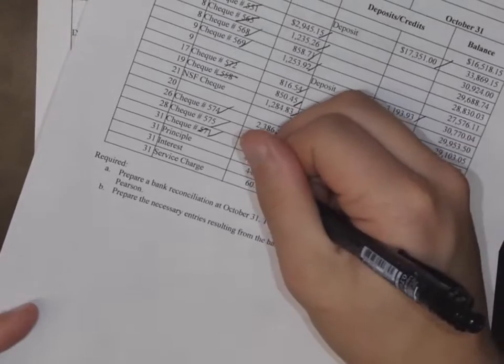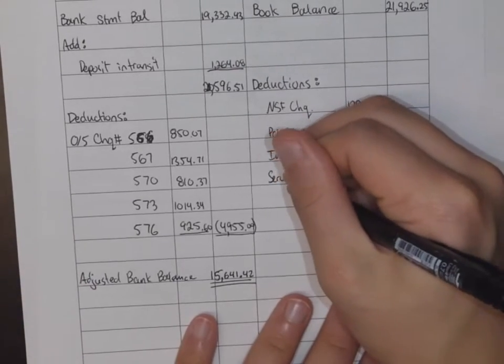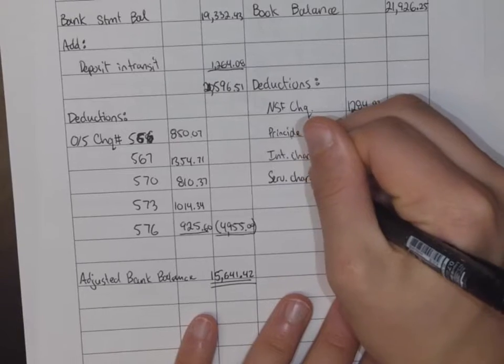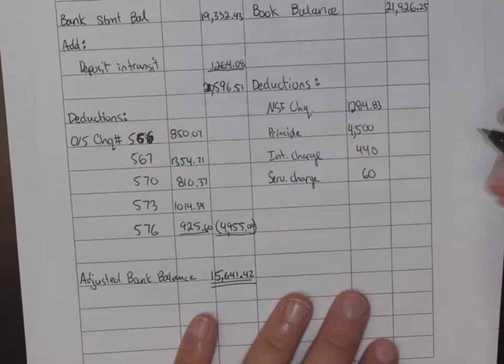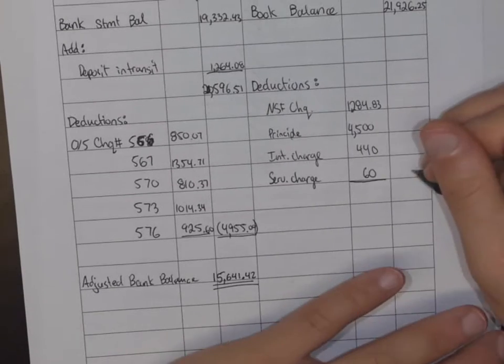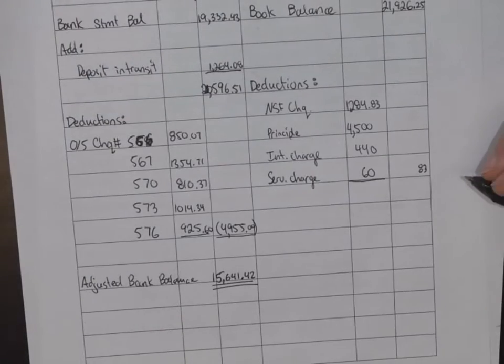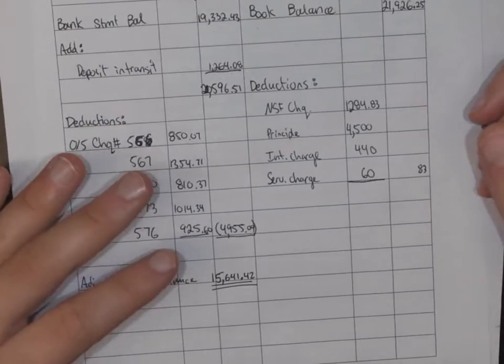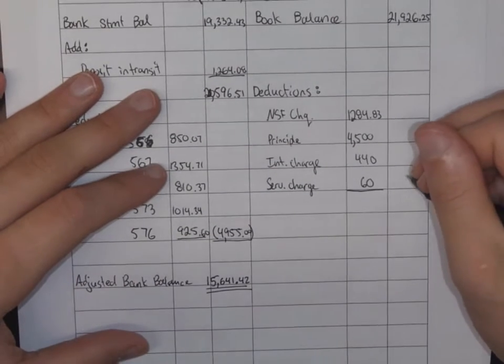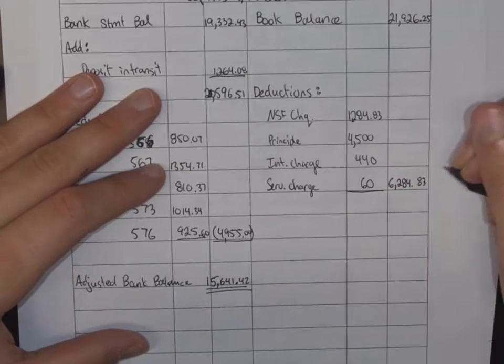We can cross that off now that we marked it, and we have a service charge of $60. When we add these up, we get 6,284.83.